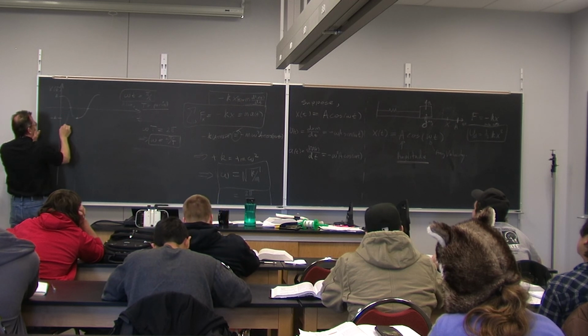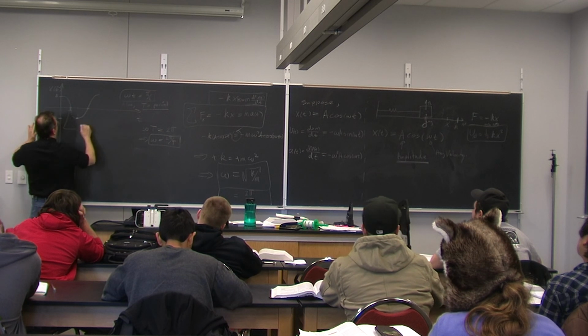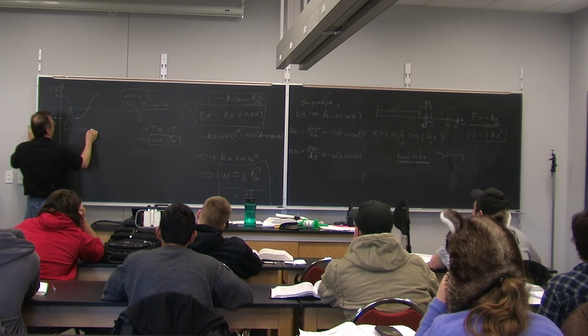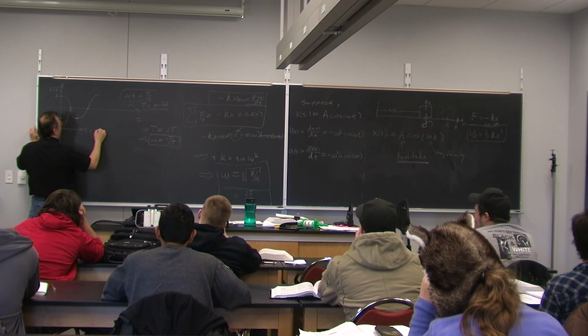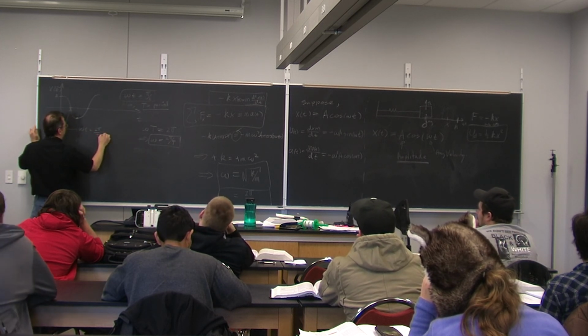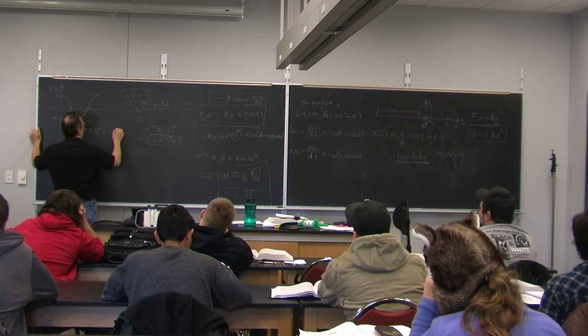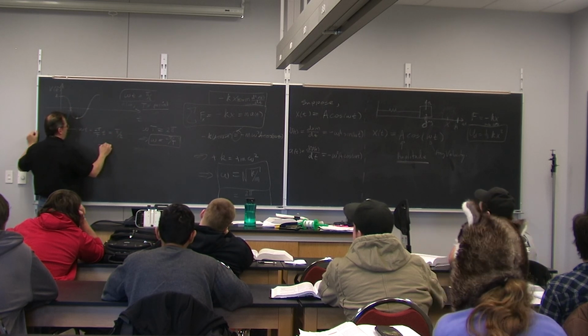So consequently, when I look at that point right there, and you'll have to excuse a little bit of my mess, we said omega t is equal to pi over 2. But notice what we just discovered omega to be equal to. And I'm about ready to do my victory dance.